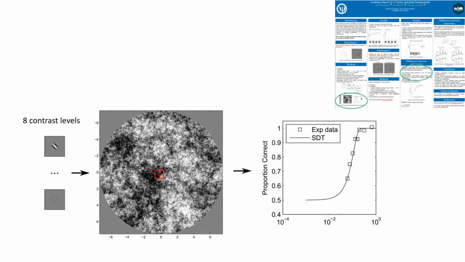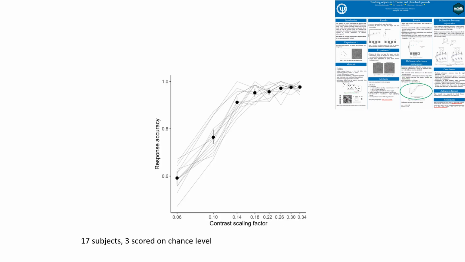Also, we did a very simple experiment in which we measured the intra-individual variances in detecting Gabors in noise. So we had 8 contrast levels, and we found that the variability was kind of low regarding the differences between subjects.